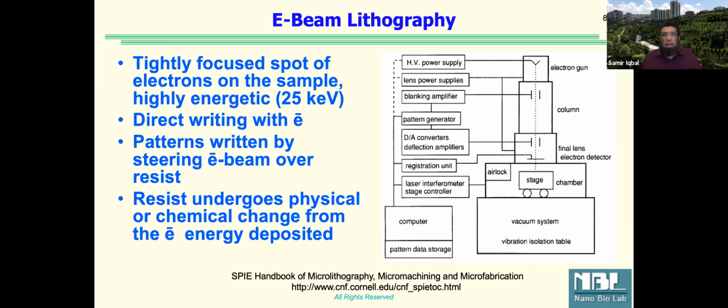Think about optical lithography, it was like you make a stencil and you put that stencil on a wall and you just paint it, right? It was like that.